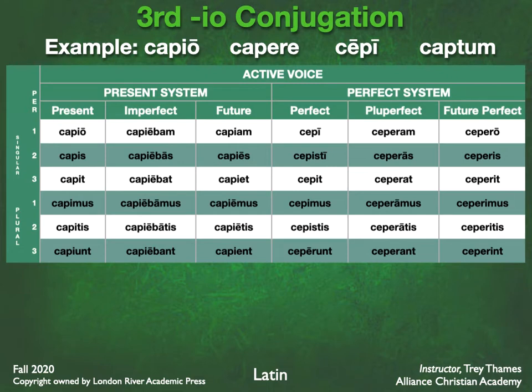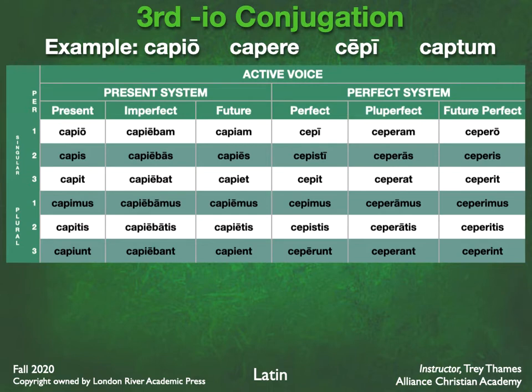Remember how third conjugation was agunt with just a U, but fourth conjugation was audiunt. Well, here, this is where you see that third IO leans towards looking like its parent fourth conjugation, and it's got an IU, capiunt. And then imperfect, again, you have the IE, so it's capiebam, capiebas, capiebat, capiebamus, capiebatis, capiebant.